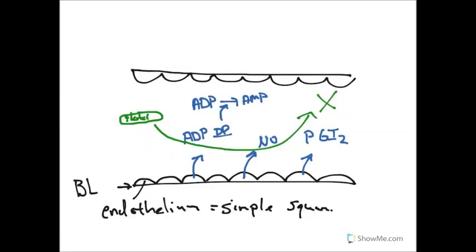That is why molecules like the ADPase, the nitric oxide, and the prostacyclins, PGI2s, would be counted as antithrombotic agents. And these are what these guys are doing to prevent unwanted clots in the normal, happy, healthy human.